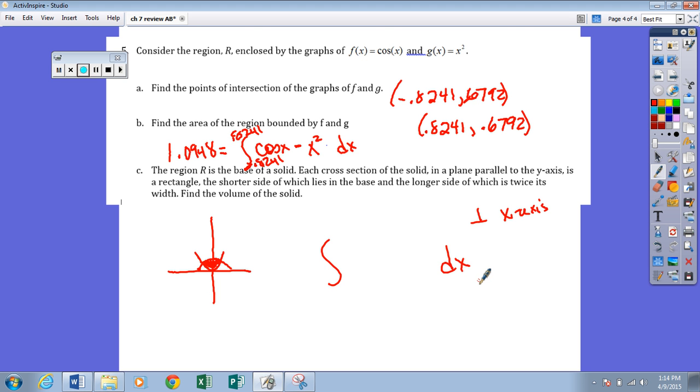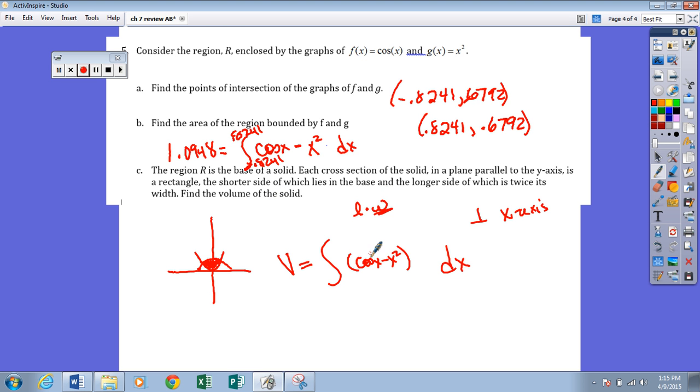And we're doing rectangles, so volume of a cross-section is the integral of the area. And for a rectangle, that's just length times width. So I've just got to figure out what to fill in for length times width. This one says that the shorter side lies inside the base, so the short side of the rectangle is just top minus bottom. That could be my width, okay? And then it says that the longer side is twice the width.